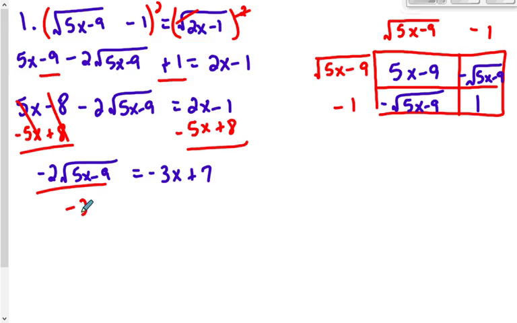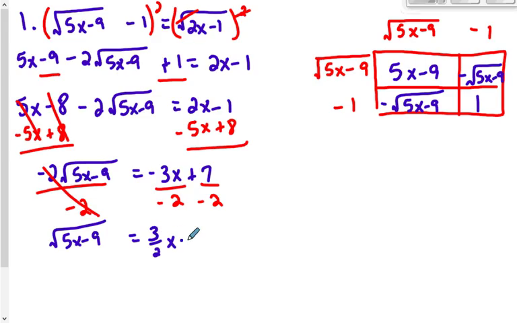Divide by your negative 2 on everything, because that radical is not by itself yet. So divide by negative 2, and I get the square root of 5x minus 9 equals positive 3 over 2x minus 7 over 2.